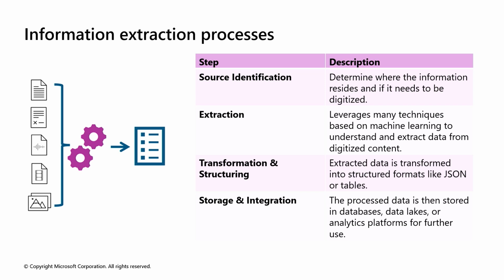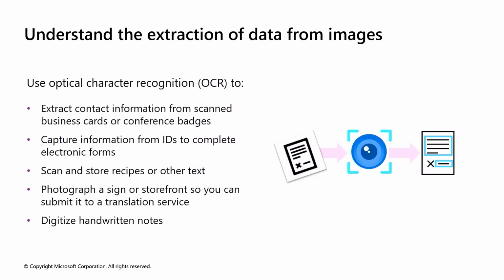Imagine scanning a contract. OCR extracts the text. Natural language processing identifies entities like client name and contract value. And the structured data is stored in a database for reporting. AI-powered extraction eliminates the need for manual inspection.